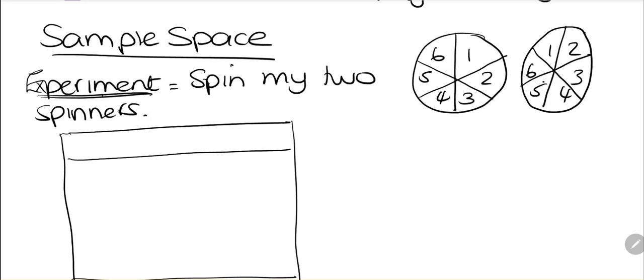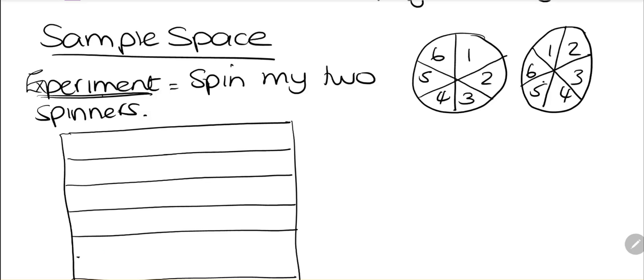So all my options. We'll have spinner 1 across there and then we'll have spinner 2 coming down.